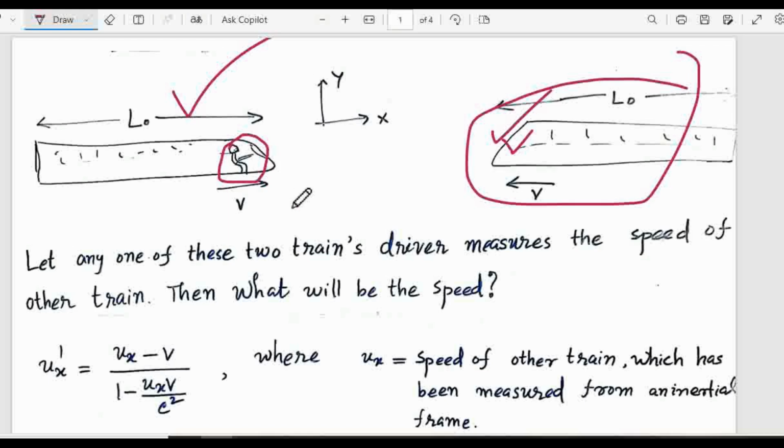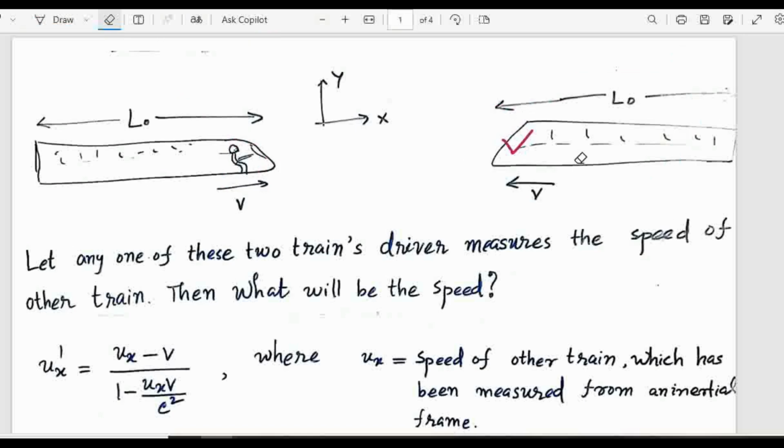Let's see how we can calculate. As you see here, I have drawn two trains. This is the left train, it is moving towards right, and this is the right train moving towards left.